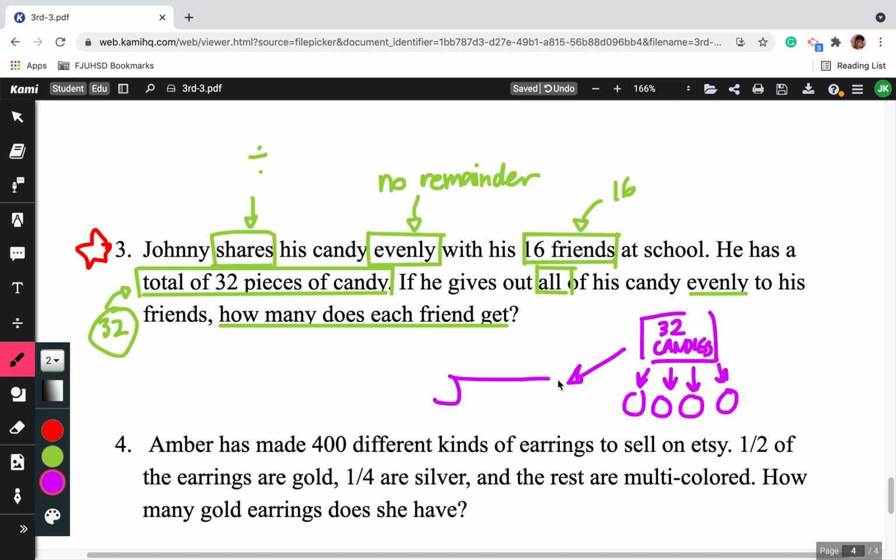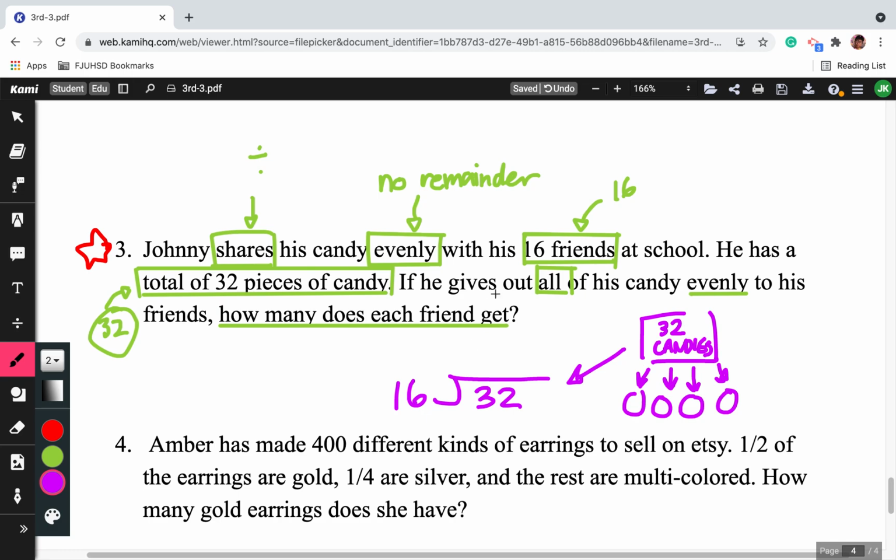We put the number we're going to give out on the bottom, which will be 32. The number on the left will be who he's giving it to, so that's 16 friends. The answer has to have no remainder since it's going to be even, and he's going to give out all his candy. So that also shows there's no remainder.